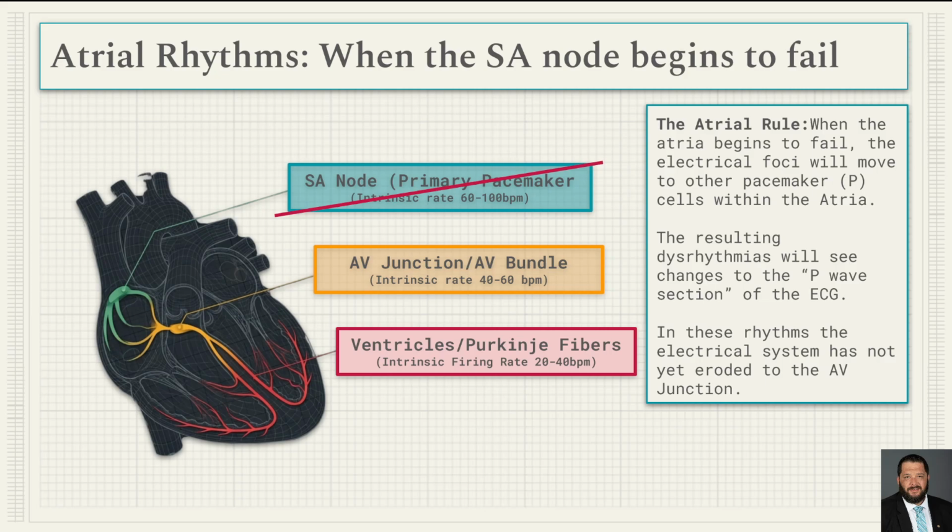Prior to arriving at junctional rhythms or the AV junction for an electrical foci, you may have electrical foci existing in other parts of the atria. And this can create some rhythms that still look somewhat sinus in nature, but there's variance amongst the P waves particularly.